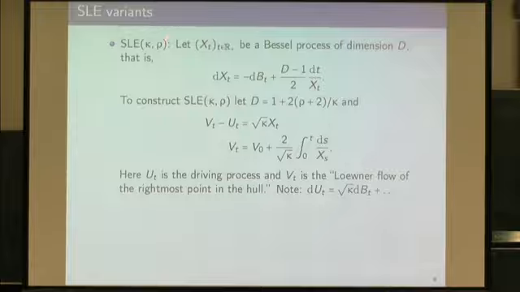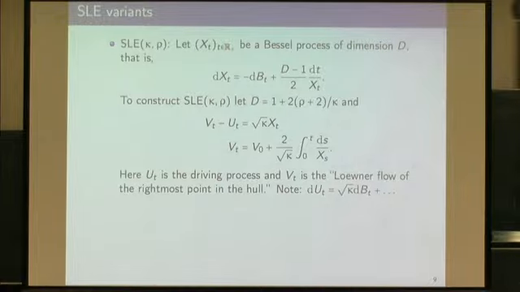So you take a Bessel process of dimension d, the solution of that stochastic differential equation, and then you define U_t, which was the driving process, and V_t is the other marked point. So you define them using this formula. So this is basically just the Loewner equation for V, and then you say that the difference of V and U follows the Bessel process scaled like that.